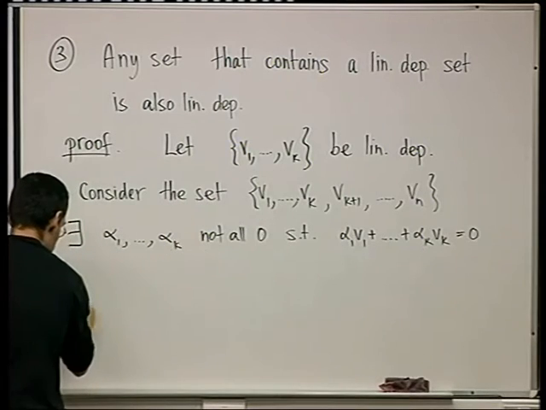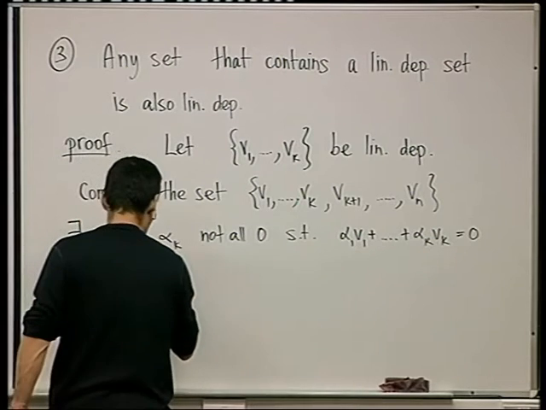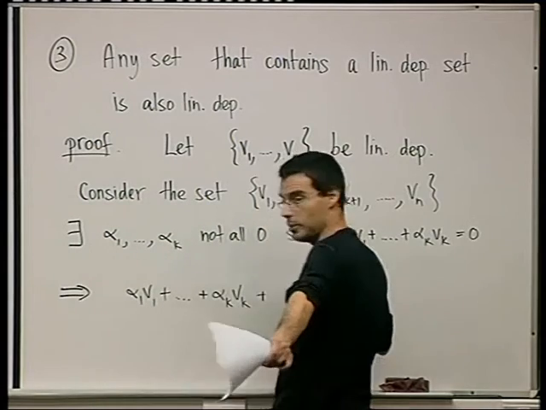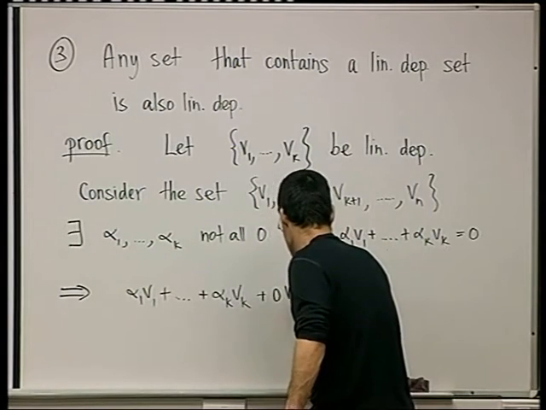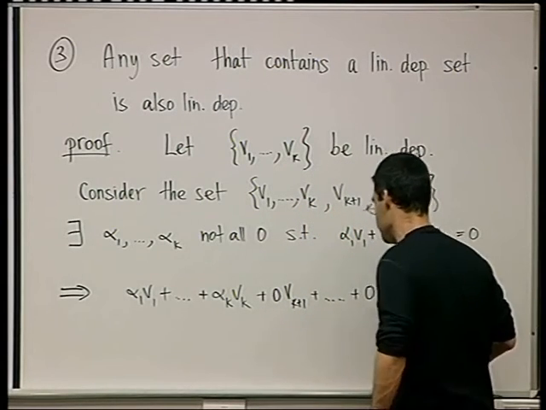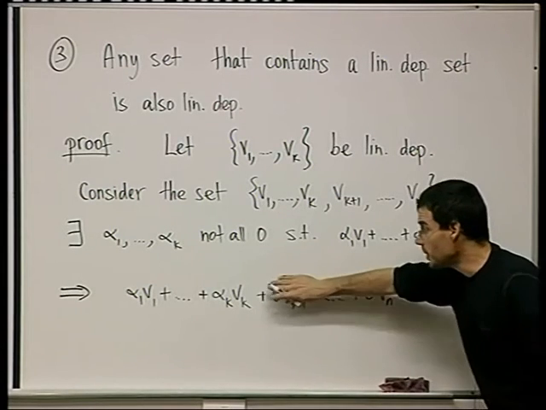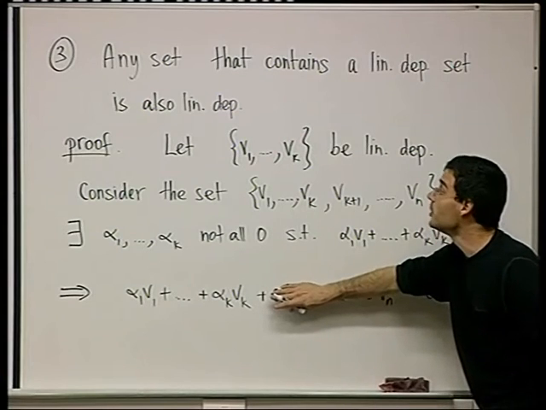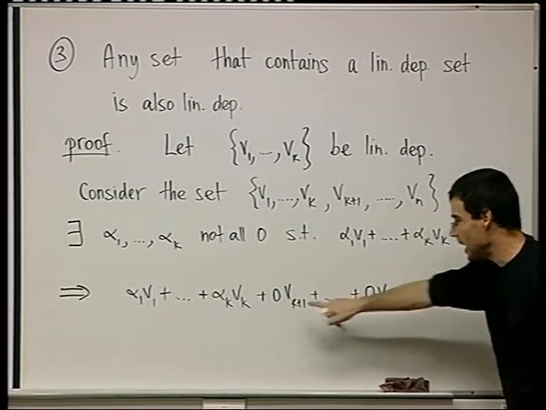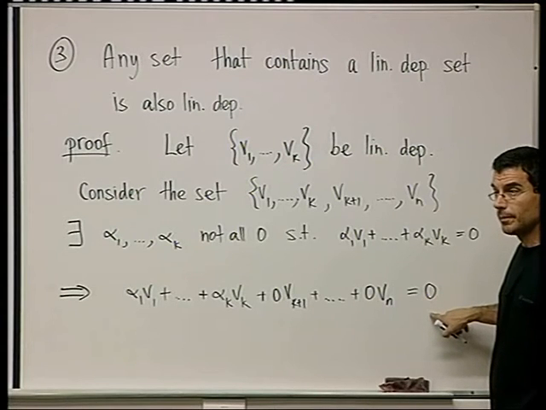Therefore, for these exact same alphas, alpha 1 v1 plus alpha k vk plus 0 times vk plus 1 plus 0 times vn, this is still going to be 0, right? Because this was 0, since the original set v1 to vk was linearly dependent. I added nothing, just 0 times all the other guys. It's still going to be 0.